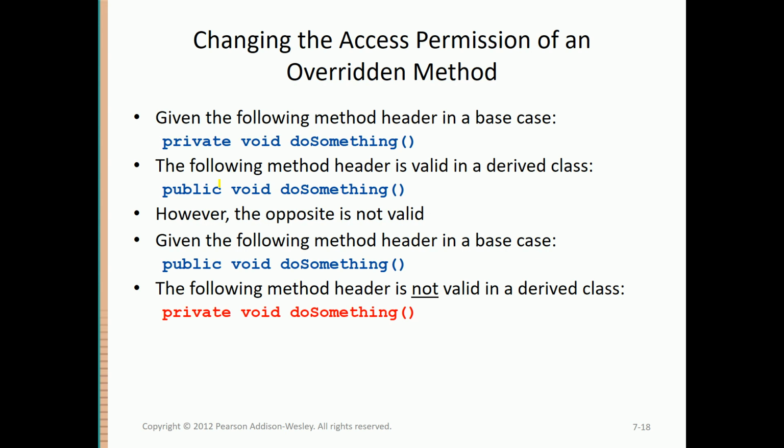But if it was protected, I can leave it as protected or make it public. If it was packaged, I can make it packaged, protected, or public. And if it was private, I can make it whatever I want. Because private, basically, you don't inherit private methods. You don't inherit private methods because they're private and only used inside the class. So it's not going to be considered as overriding.